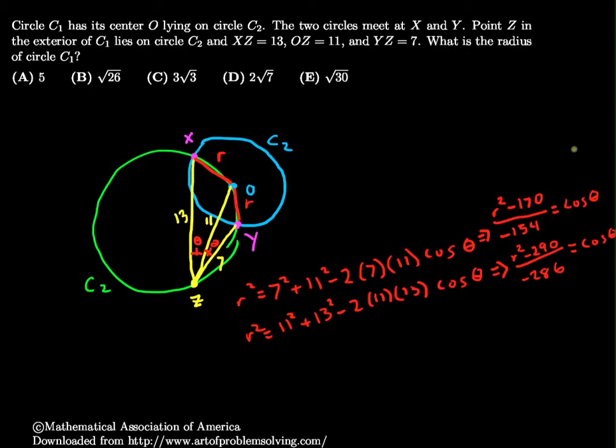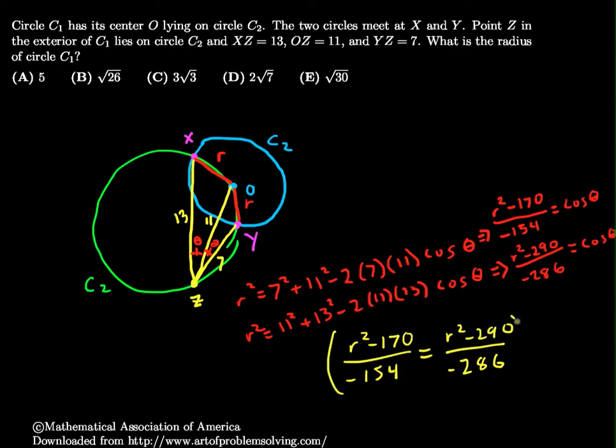This means that if they're both equal to cosine of theta, then R squared minus 170 over negative 154 is equal to R squared minus 290 over negative 286. I know that negative 154 and negative 286 are both divisible by negative 22, because I have a negative 2 and 11 in there. So let's multiply both sides by negative 22.